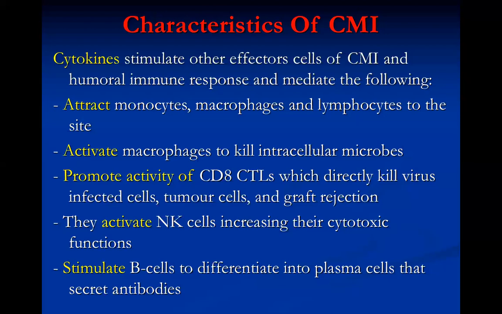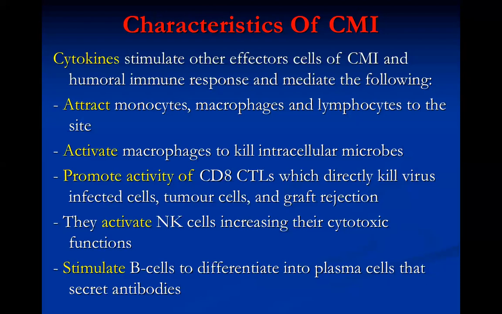So the cytotoxic T cells will target the virus-infected cell so that it kills it wholesomely, without allowing it to support viral replication and budding off to infect more cells.